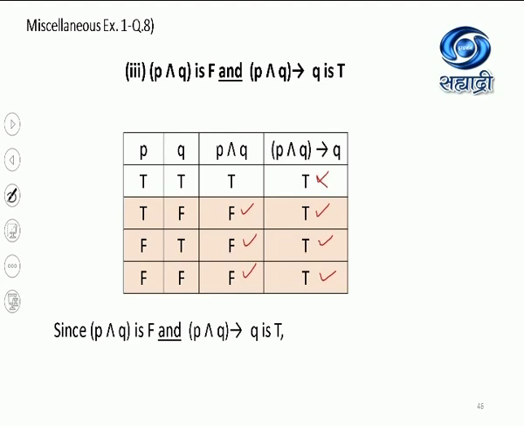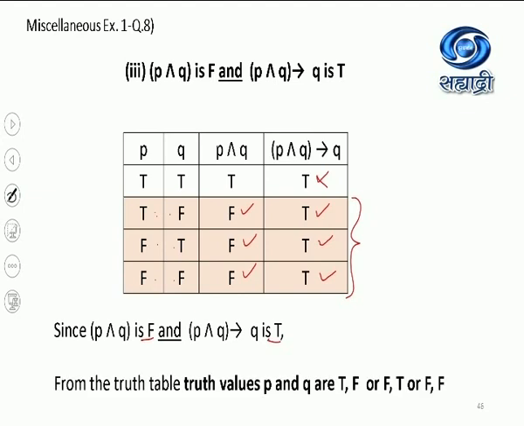What are the common rows where this is F and this is T? It is followed in these 3 rows. And what are the truth values of P and Q corresponding to the 3 rows? First row combination is TF, second FT and FF. So if I have to conclude from the truth table, values of P and Q are either TF or FT or FF.